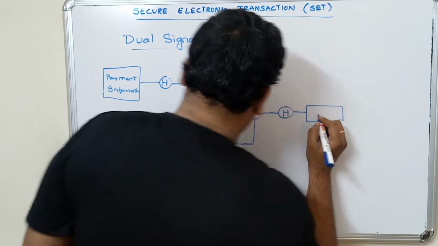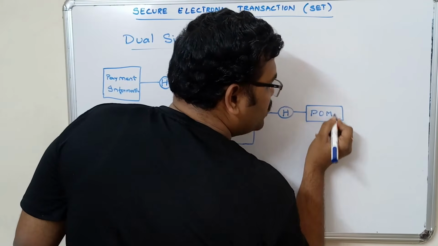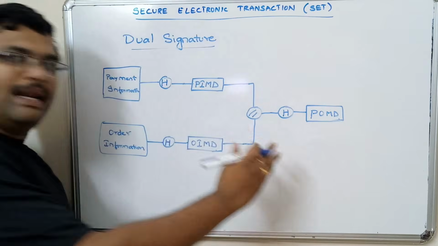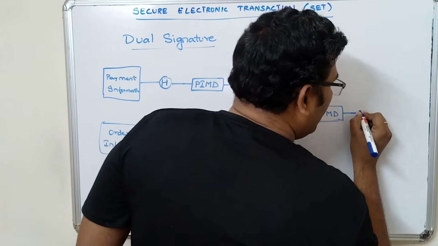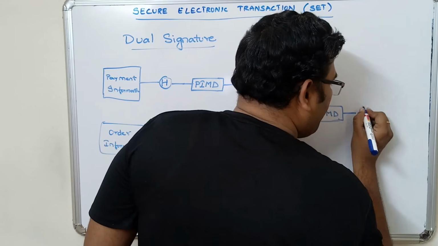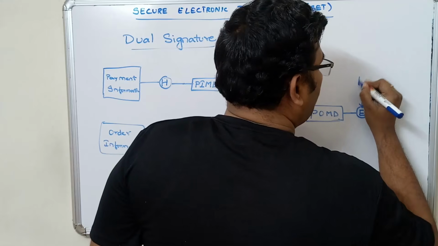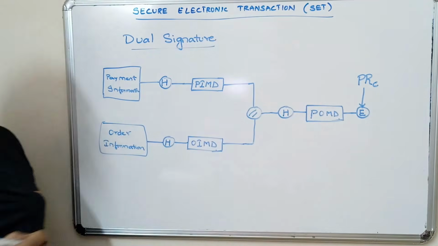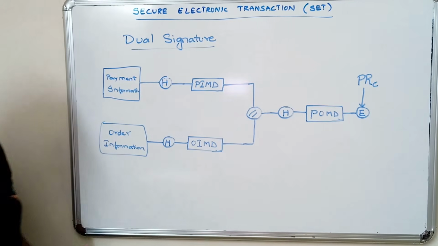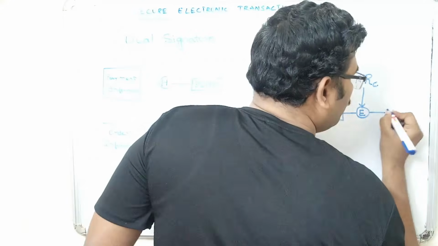We call it POMD, which is the payment order message digest, and this will be encrypted by using the private key of the customer.